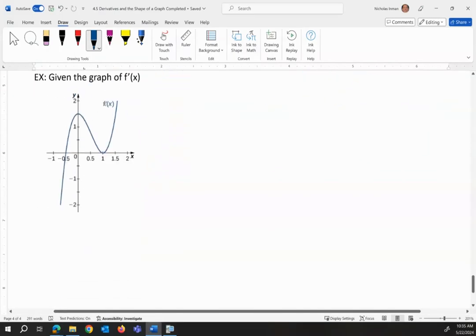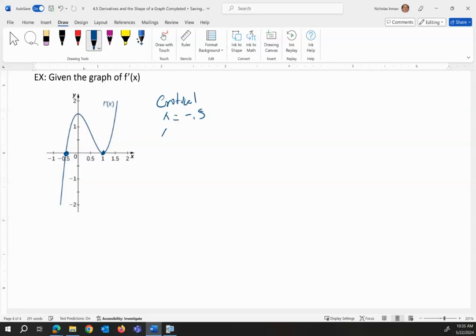All right, here we have the graph of a derivative, right? So the points we care about would be here and here, all right? So our critical points are -0.5 and 1, all right? At -0.5, we go from decreasing, our derivative in the negatives, to increasing, and then staying increasing, the derivative goes back up.